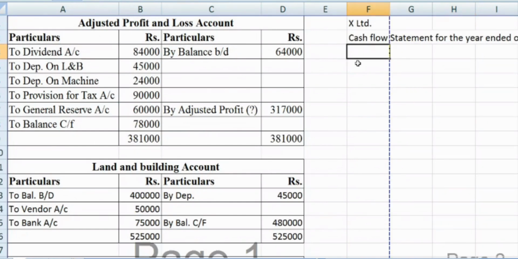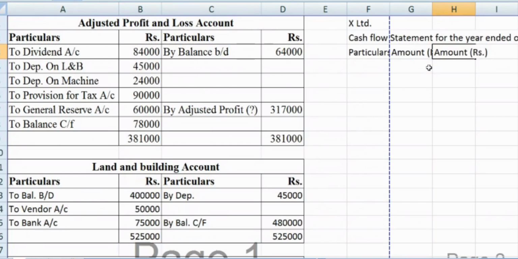And here we prepare a particulars column, then two columns for amount, amount in rupees and amount in rupees.